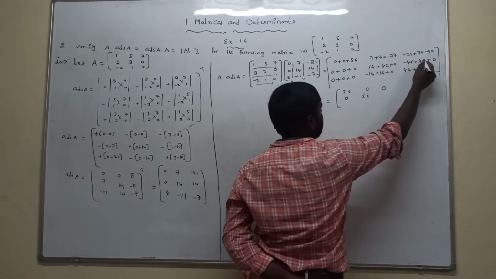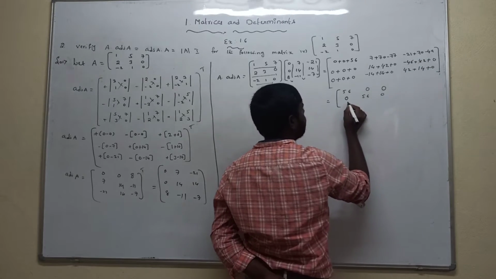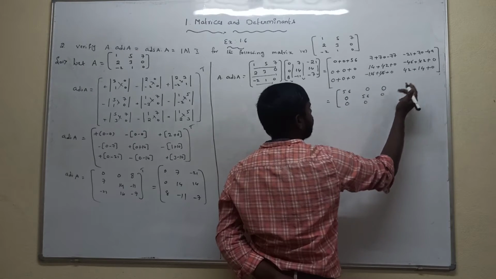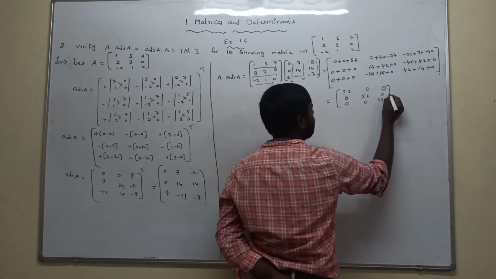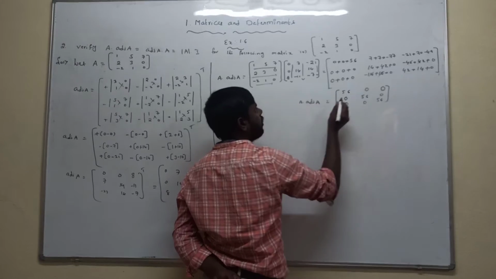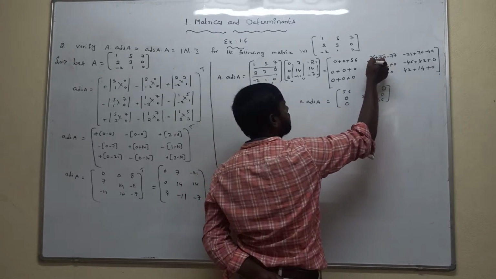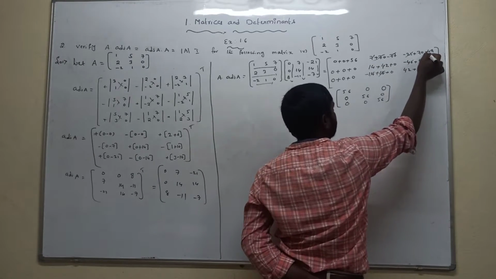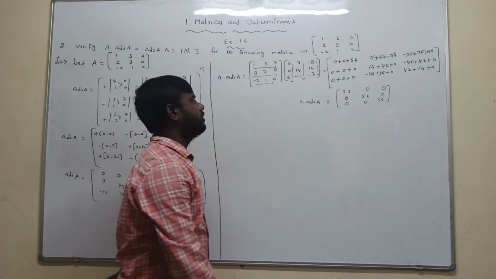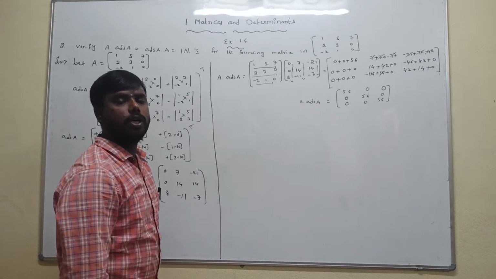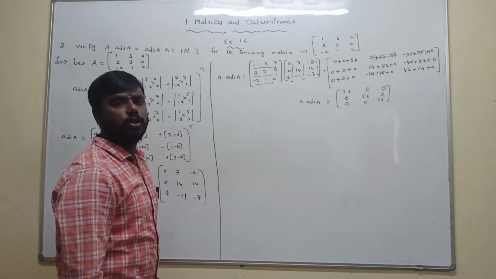Minus 42 plus 42 get cancelled, that value is 0. 0 plus 14 minus 14 get cancelled, 0. 42 plus 14, that value is 56. This is A into adjoint of A. So A into adjoint of A is 56, 0, 0, 0, 56, 0, 0, 0, 56.